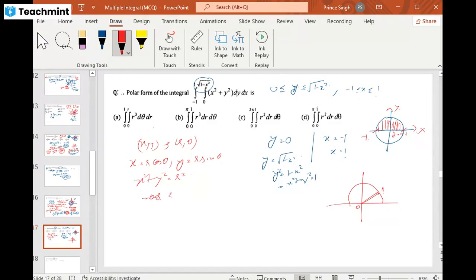But because it is a semicircle, the value of theta varies from 0 to pi. The value of theta varies from 0 to pi only, because it is a semicircle. The value of x varies from minus 1 to 1, so x equal to minus 1 means r cos theta equal to minus 1.